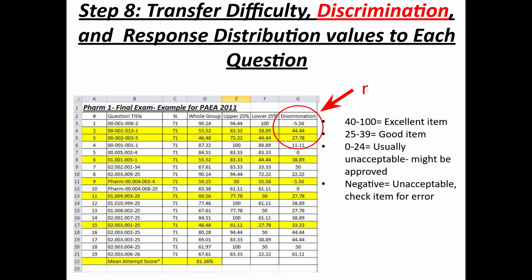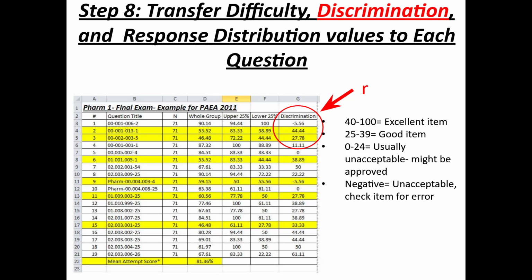The discrimination index can also be program specific, depending on who's doing the assessment analysis and how much they've read, and like everything in the world, it's controversial. One thing that's not controversial is a negative discriminator.